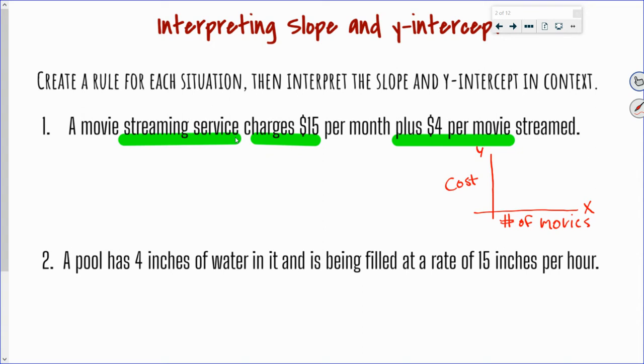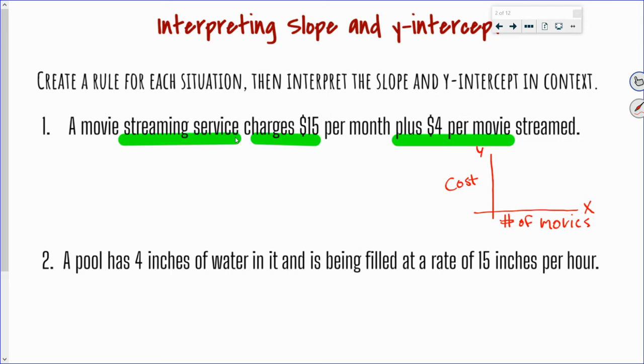I want you to think about that just for a second. Here's what the problem is saying. When I sign up, I have to pay $15, even if I don't stream the first movie. But then for every movie I stream, it's going to cost me $4.